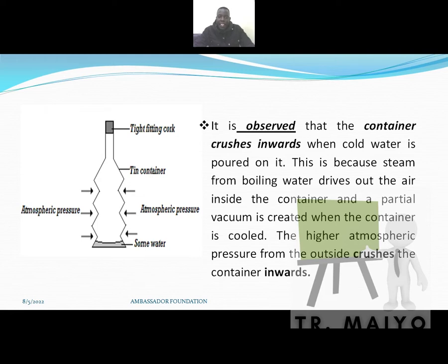And the atmospheric pressure outside the container will be greater than the pressure inside the container. The greater atmospheric pressure outside pushes the container in, and it behaves the way you are seeing there. It looks like it is crushed. It is what we call the crushing can experiment.